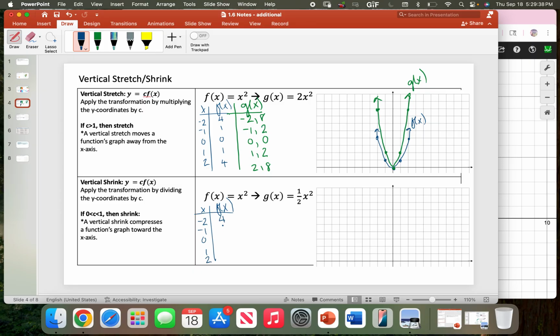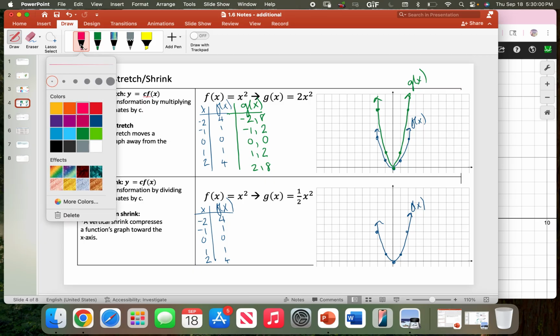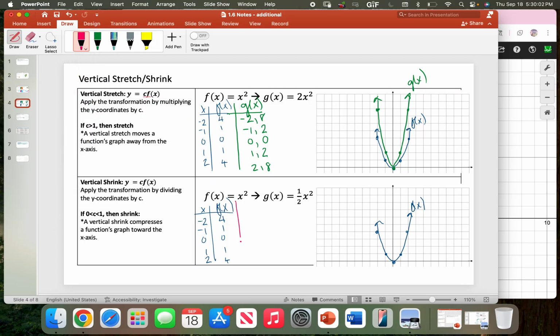So again, same parent function, f of x. And now for g of x, you can build off that second column there, and you're going to divide the y coordinates by c.